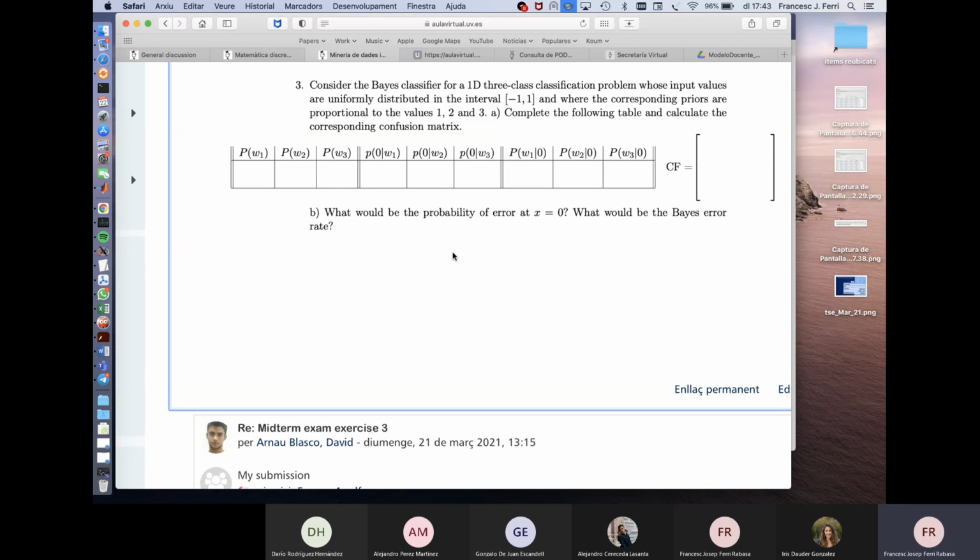There have been, I think, two answers to this question, but I don't know if it's clear for everybody which are the correct answers for this particular exercise, as one example in the exam.